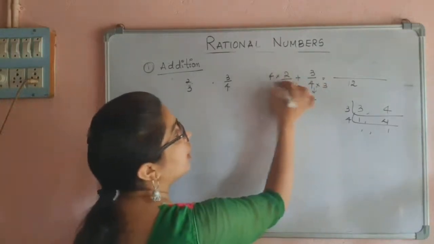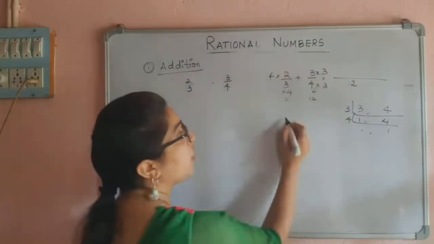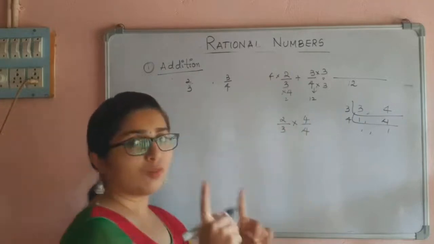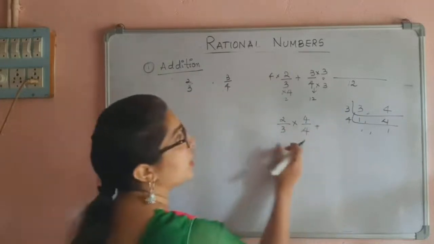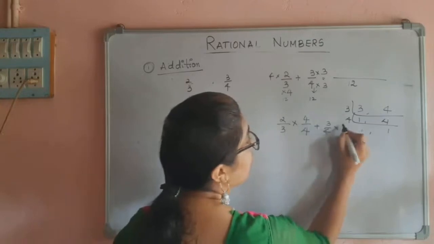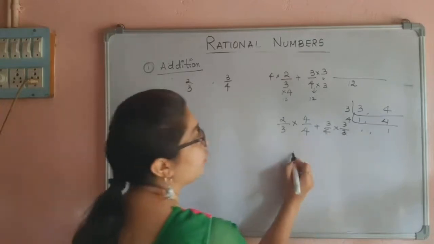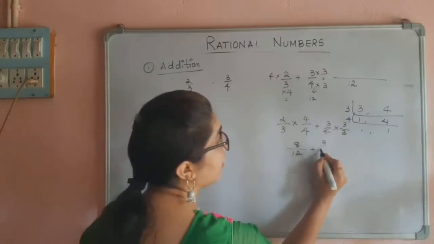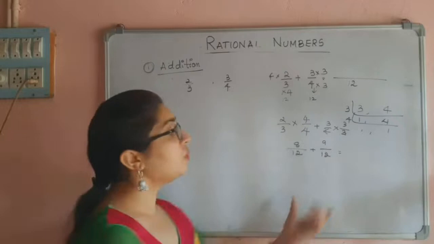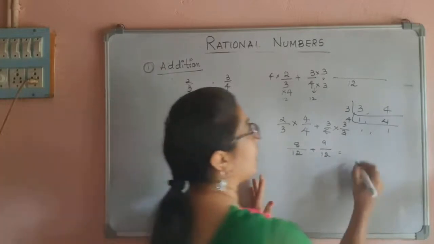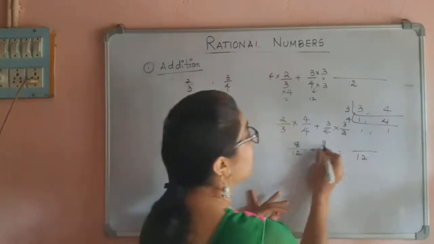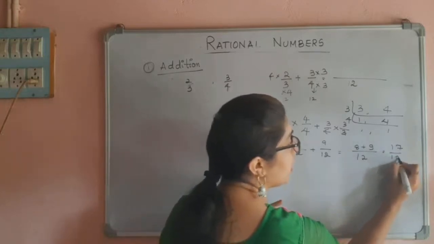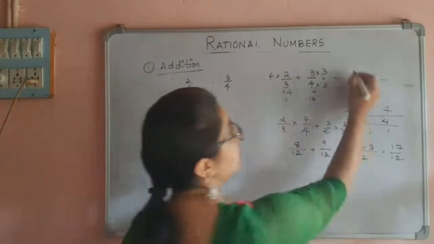So into 4 here, and into 3 here. See, 4 by 4 is 1, so it does not make any difference to the number. Here it is 3 by 3. So now 3 into 4 is 12, 2 into 4 is 8, 3 threes are 9, 4 threes are 12. Now the denominator is the same, so I can take 12 common, and here it is 8 plus 9. So this is nothing but 17 divided by 12. So the answer is 17 divided by 12.